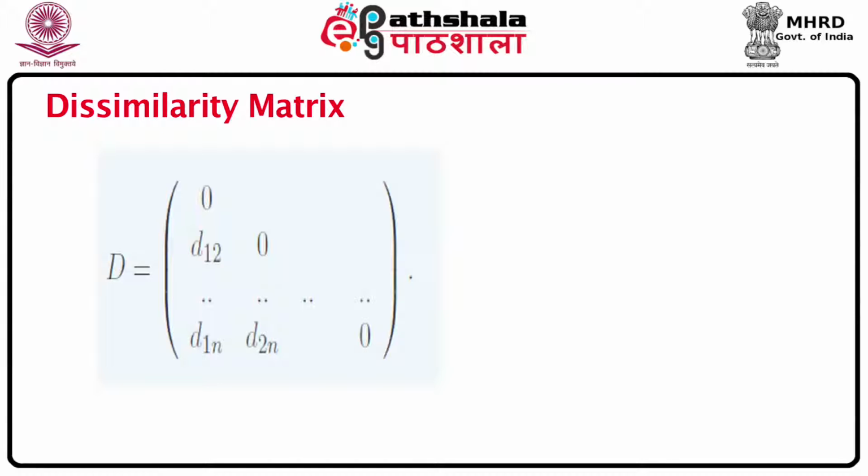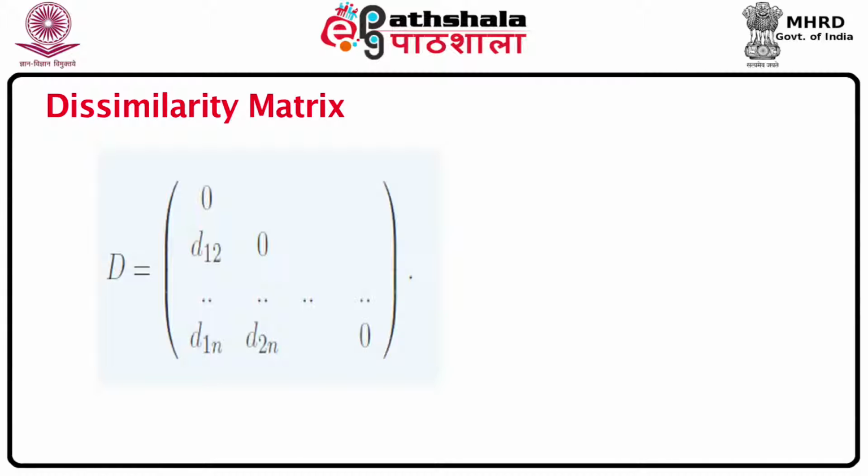D12 is the distance between the first individual and the second individual. Similarly, for the ith and the jth individual, we will have a distance Dij, which will be on the ith row and the jth column of this matrix.